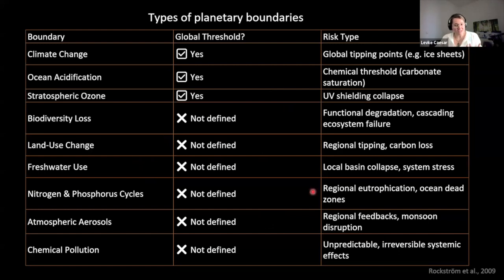And then we have boundaries like aerosol loading or chemical pollution that also do not really have a global threshold, but due to complex interactions with the other boundaries could also destabilize key regional climate systems and introduce irreversible novel risks. So I know the table isn't that great to look at, but the important take-home message is that not all of the planetary boundaries are directly linked to tipping points or are about tipping points.